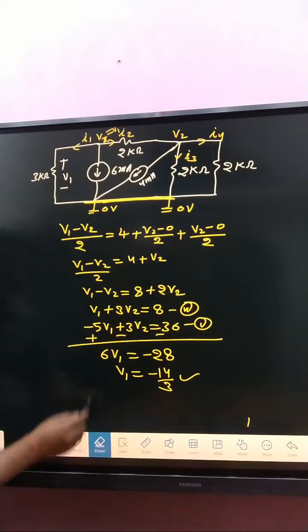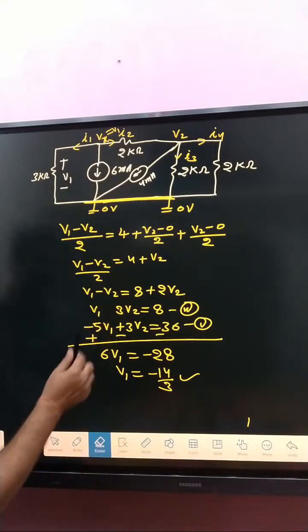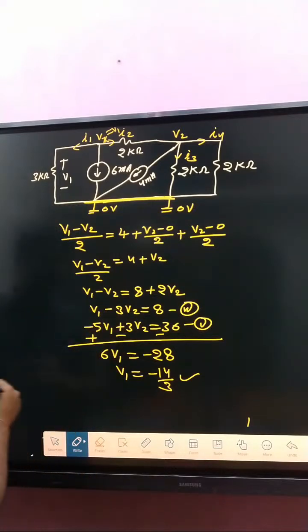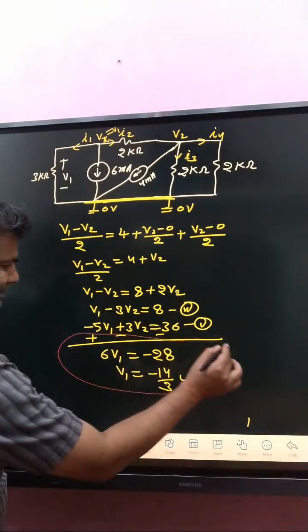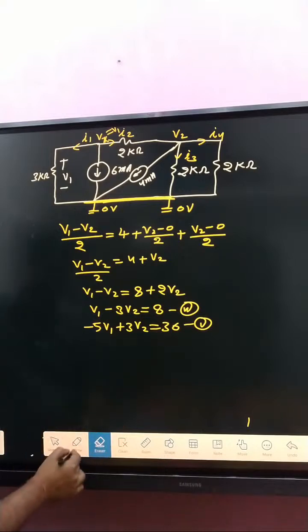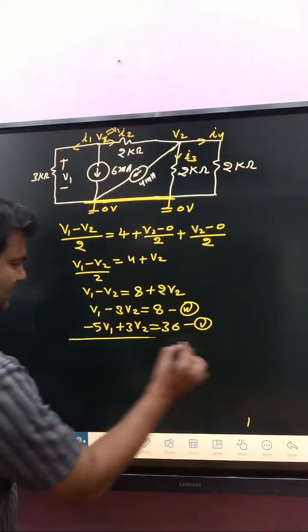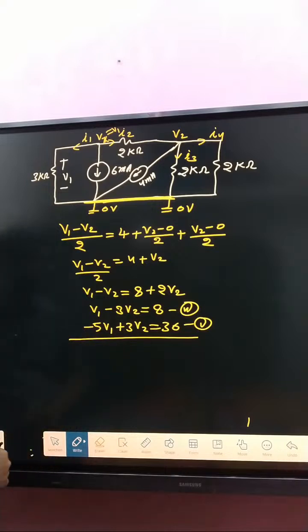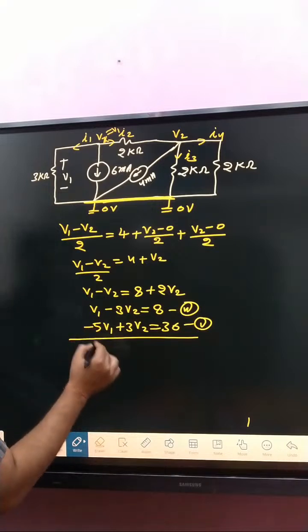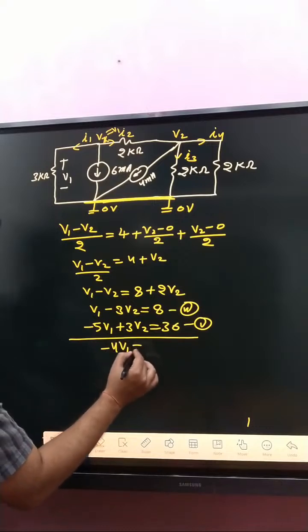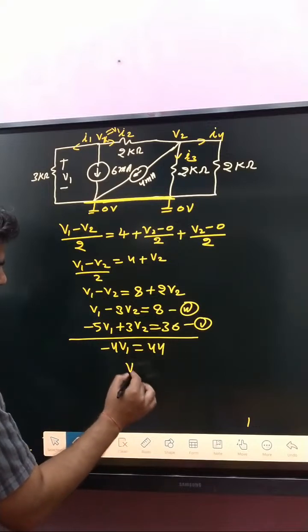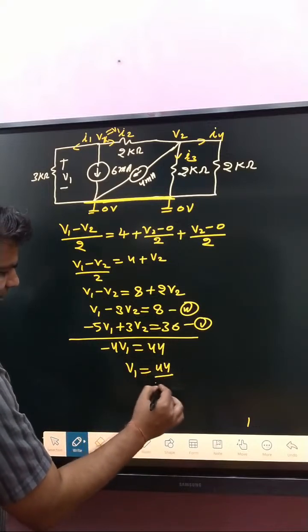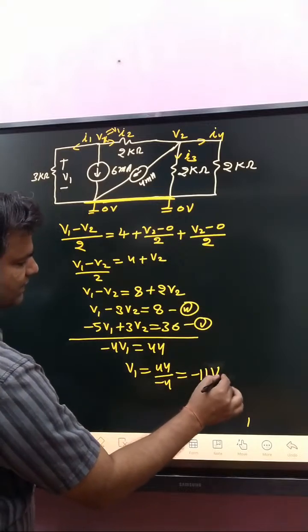Sorry, this one silly mistake here. Here minus. Okay. It means silly mistakes happen sometimes. If equation number 1 and 2 are added, then we got how much? Minus 4V1 is equal to 44. So what about V1? 44 divided by minus 4. It means minus 11 volt is the right answer.